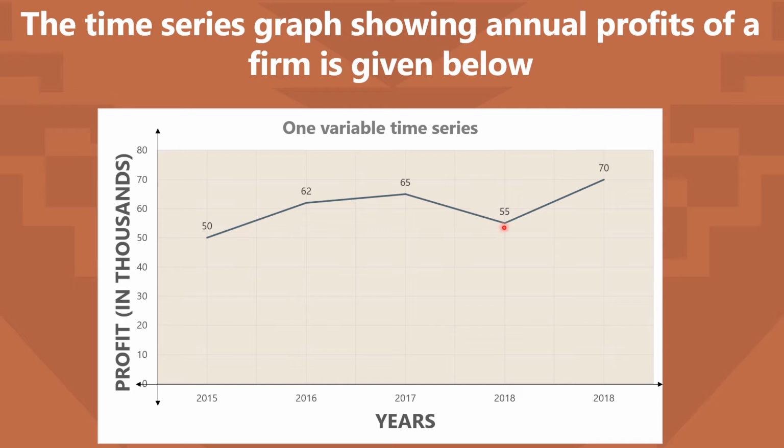The profit in 2018 fell down to 55, and so that is plotted against the number 55, which is seen on the y-axis. And again the profit rose to 70,000. See, it is so easy to visually explain and express what you would like to show. This is a very useful tool because visually, at one glance, we can understand how the profit has changed over the years.